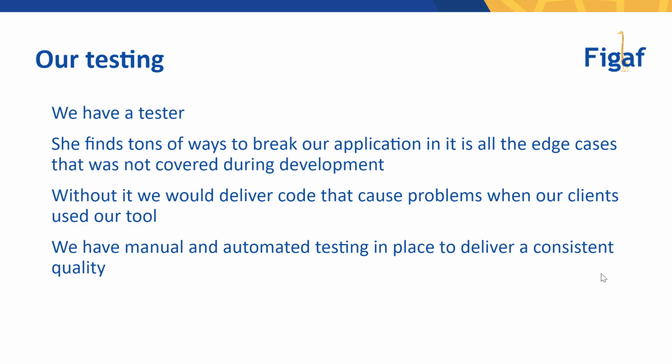The developers deliver integrations that do some specific thing, and then she takes them and tries to find all the edge cases that they did not think about, like sending data with 0 lines, or message mapping scenarios. How would that behave? What would you actually be able to do in those cases? Hopefully, that's the main idea: that we can deliver code to our clients with fewer bugs in it.